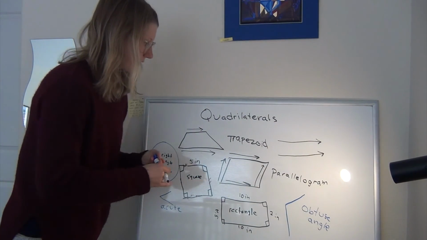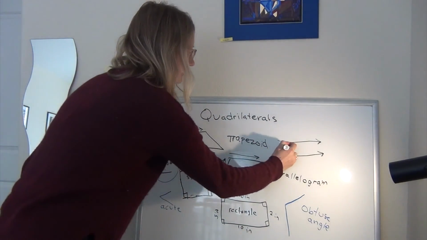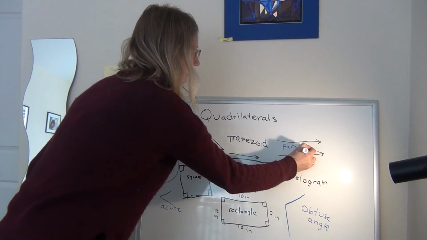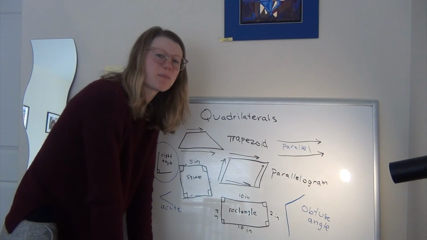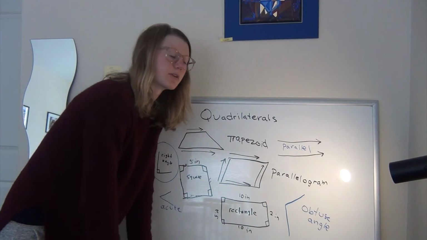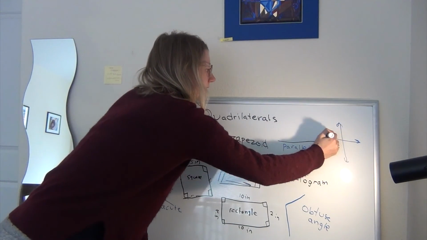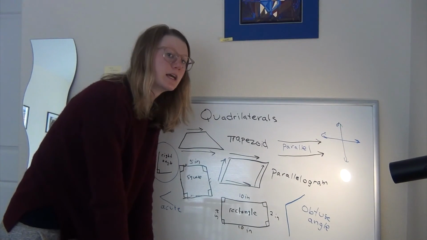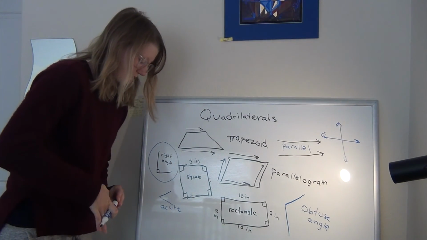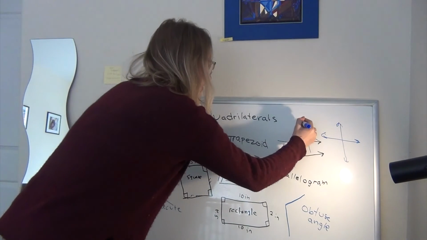And just one more thing to remember. I showed you parallel lines. What's the opposite of parallel lines? What happens if they do cross and they cross at a right angle, like this? If it makes a cross like that, that's called perpendicular.